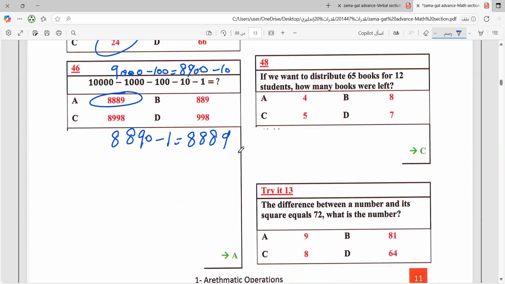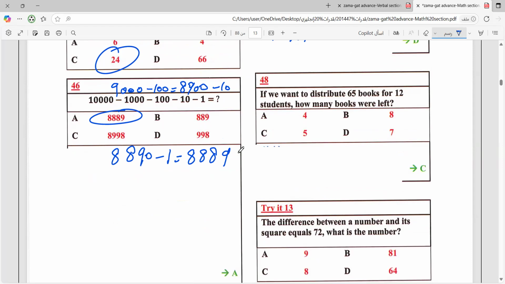The second way, you subtract first. You add the negative values. So we have 10,000 minus 1,000, 100, 10, 1. You subtract.